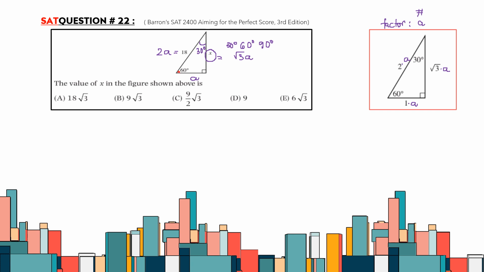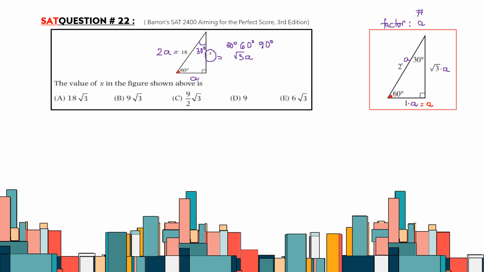Remember, this angle is 60, and next to it is a, 1 times a, right? 1 times a is a. So the hypotenuse is 2a, so the hypotenuse in this case, 18, is equal to 2a.